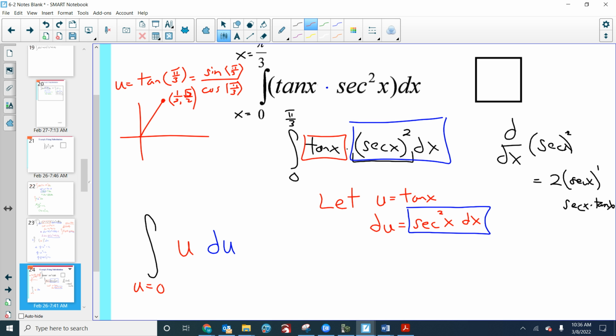I'm going to divide those two because I'm doing tangent. Radical 3 over 2 divided by 1/2. Keep, change, flip. Times 2 over 1. Radical 3. So when x is pi over 3, u equals radical 3. How beautiful.